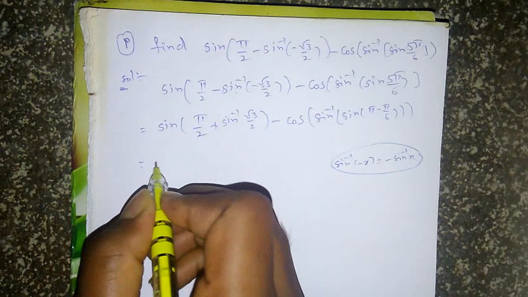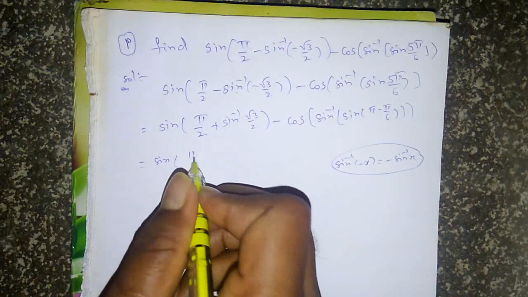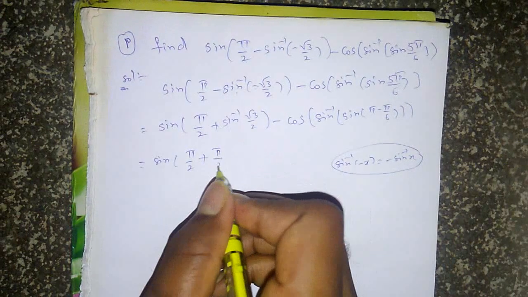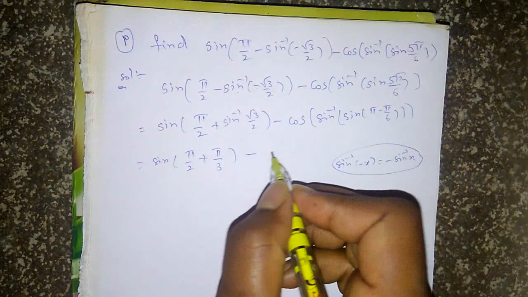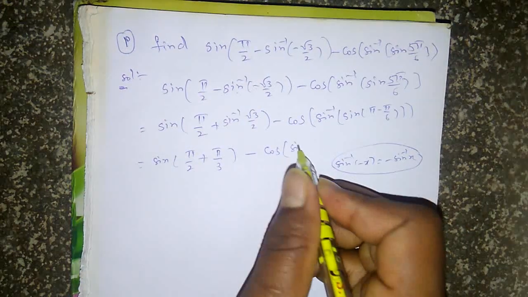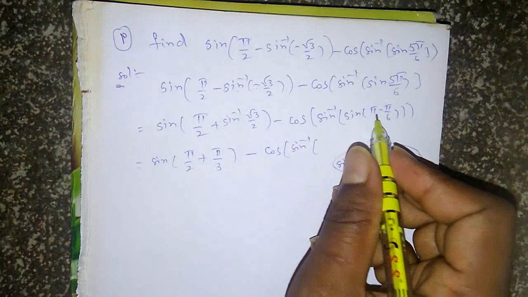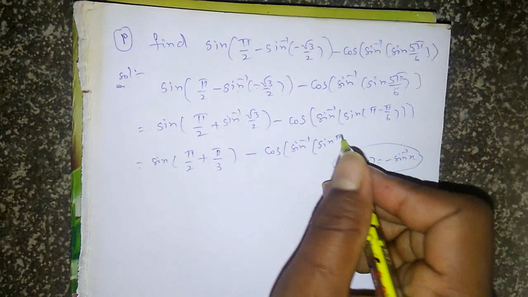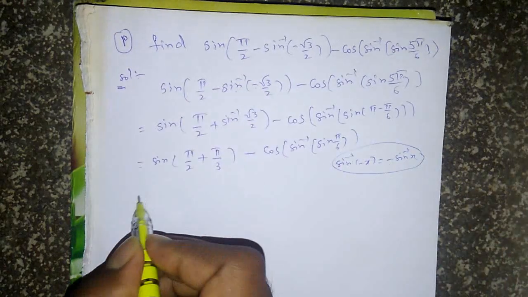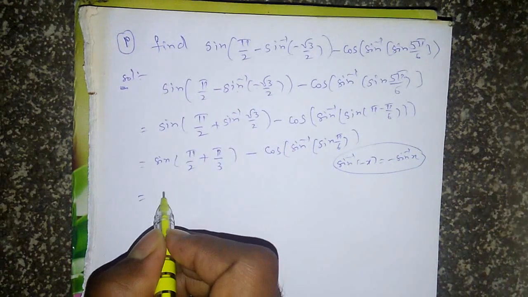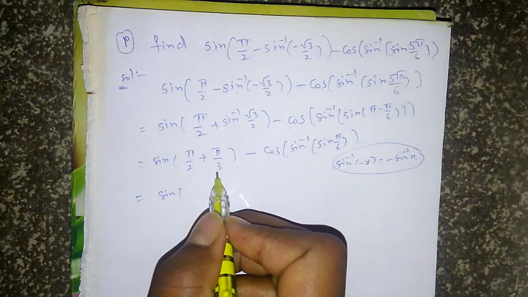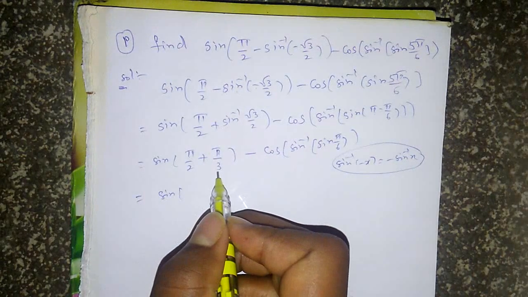So this is equal to sine of pi by 2 plus sine inverse of root 3 by 2, that is pi by 3, minus cos of sine inverse of sine of pi minus theta, which is sine theta, this is sine pi by 6. This is sine 90 plus 60.